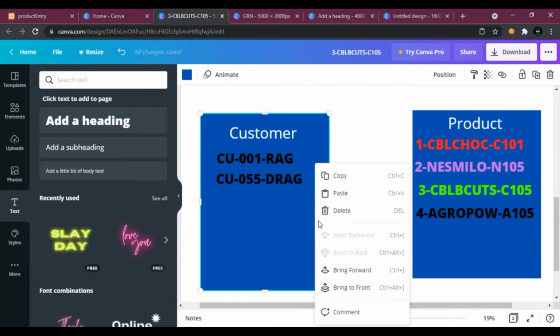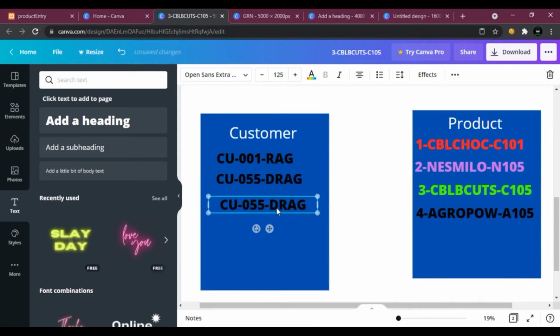And another one, his ID is CU100, and his name is Tate. Is a good name to remember.